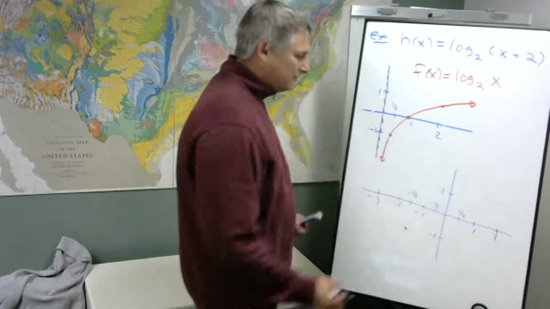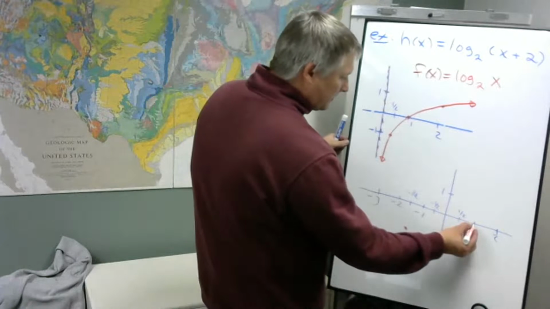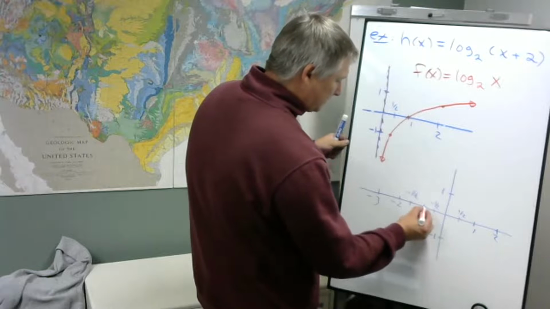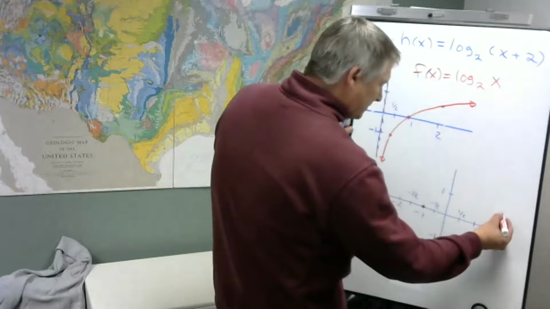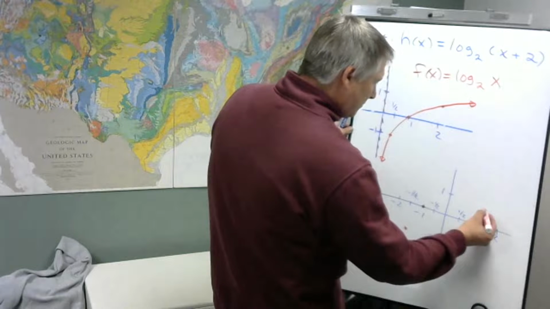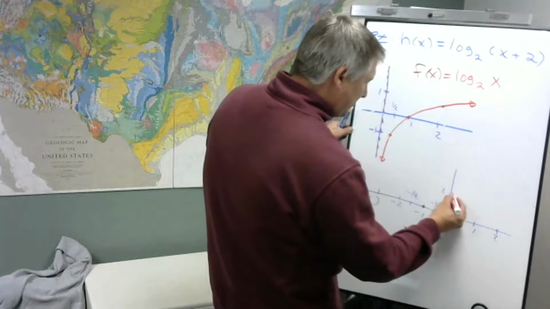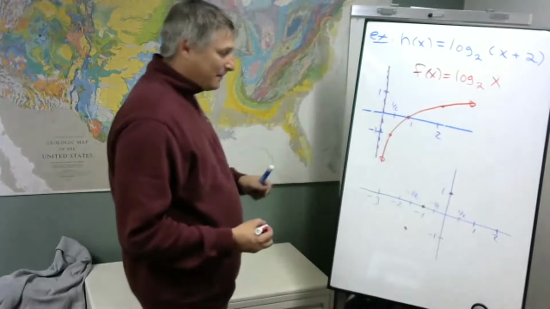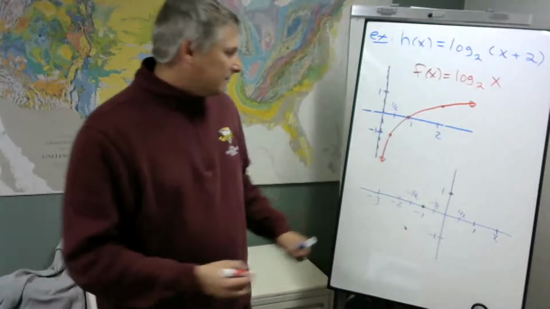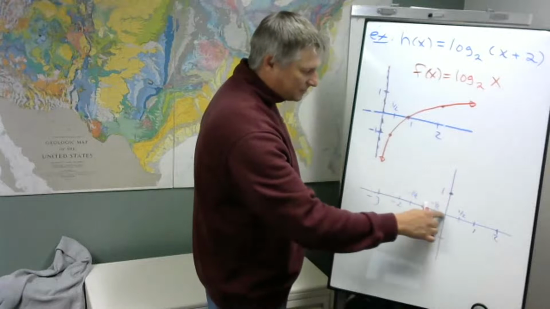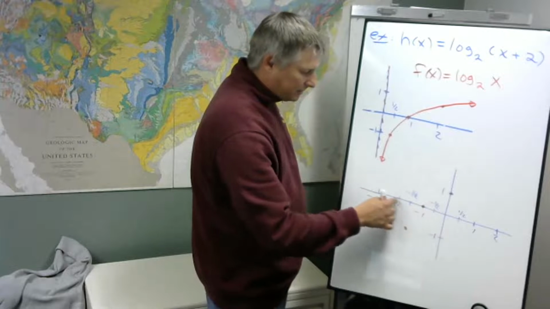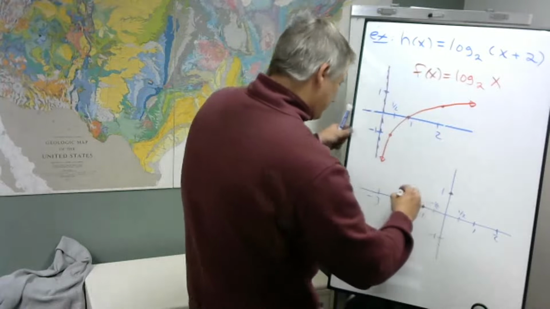This point, we start at 1 and 0, and we go 1, 2 spots over, like so. And then this point here, 2 and 1, we go 1, 2 spots over there, and there we have it. Finally, we take where the original vertical asymptote was, at x is 0, we go 1, 2 to x is -2.